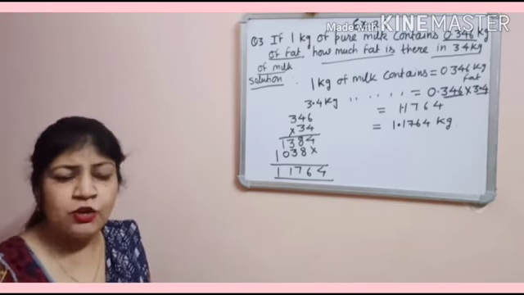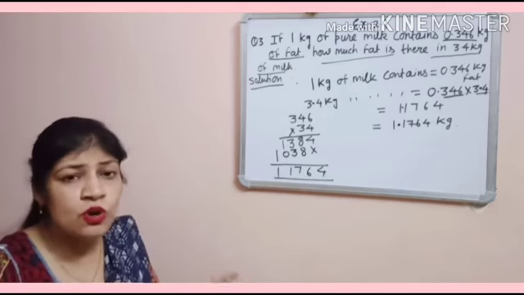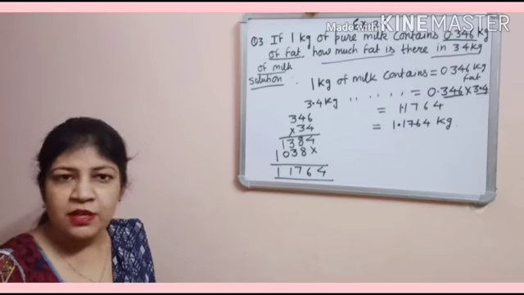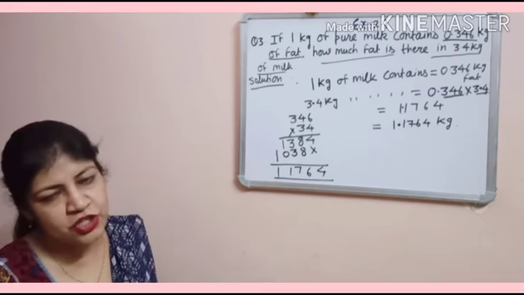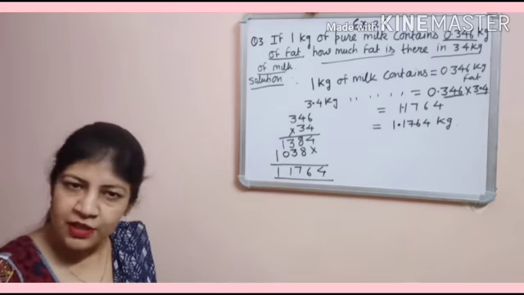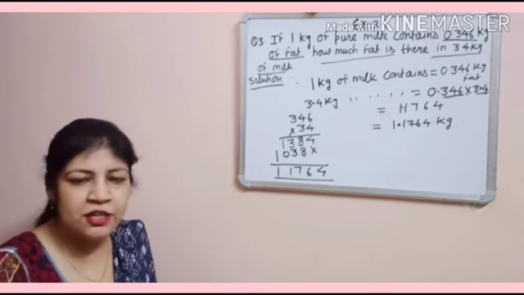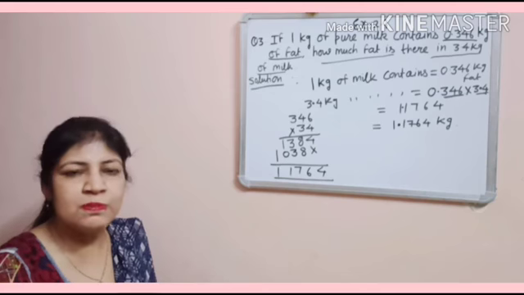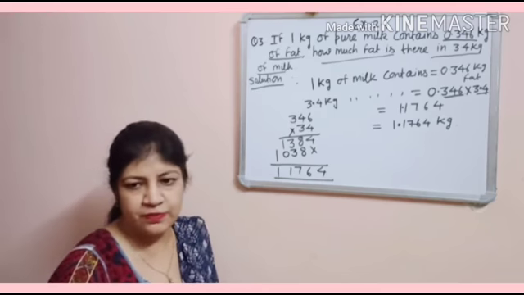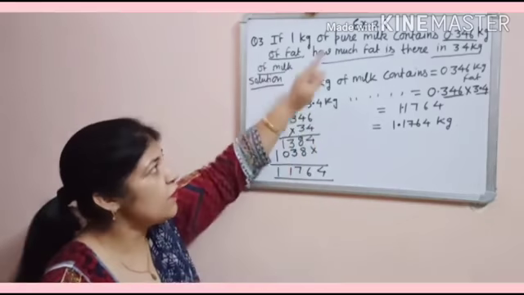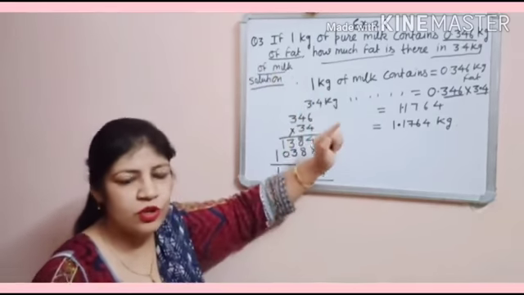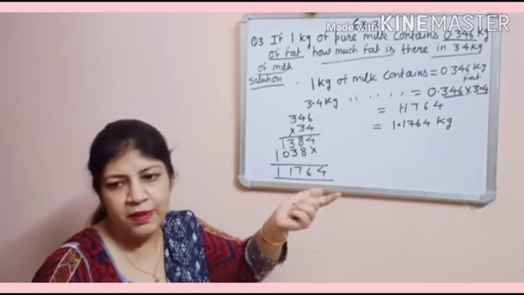Is that clear? We will use all basic operations in word problems: multiplication, addition, subtraction and division. Clear? But mind it, when value of 1 is given, and for finding the value of more, you have to multiply.